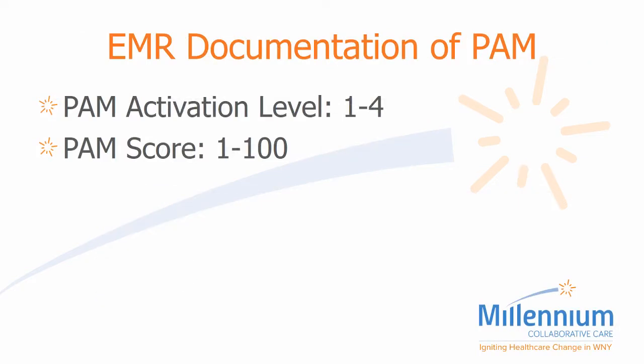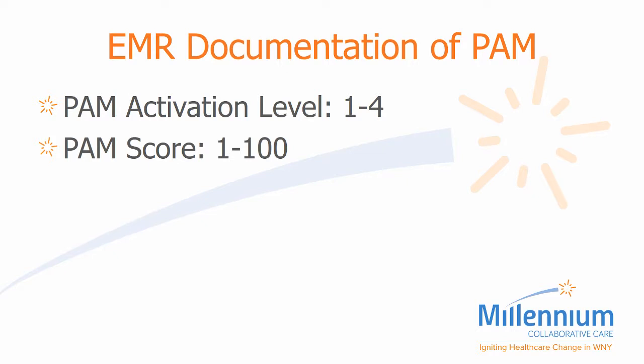In order to do this project, it would be important for an individual office to have a place within the EMR or EHR so that you can document the level and the score of the individual. And that score is really important because when you engage with an individual to improve their overall patient activation, the score is the number that will probably change more than the actual activation level.